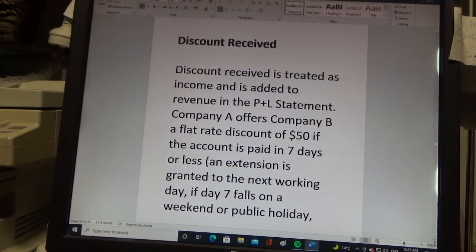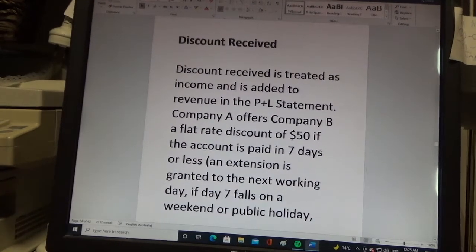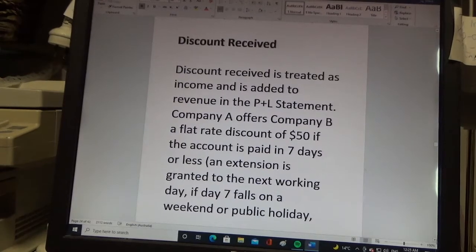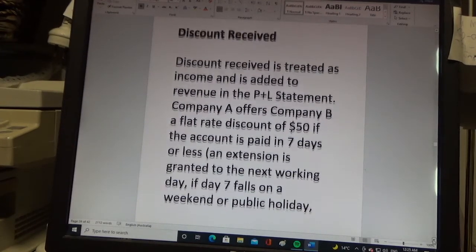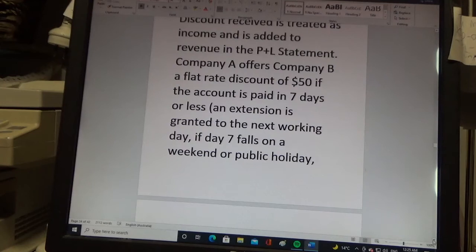Now discount received. What is discount received? It's when your company gets a discount from your suppliers out there in the market. And that discount received is treated as your income, which is added to revenue in the profit and loss statement. Company A offers Company B a flat rate discount of $50 if the account is paid in 7 days or less.